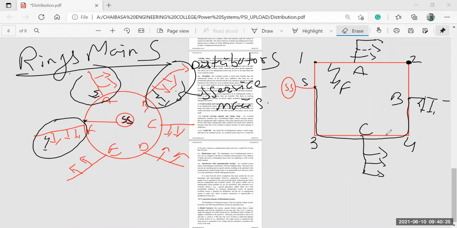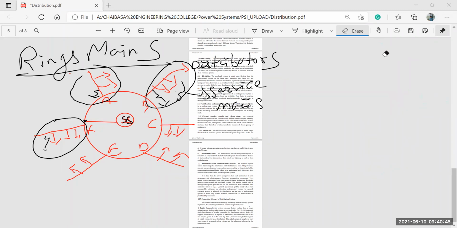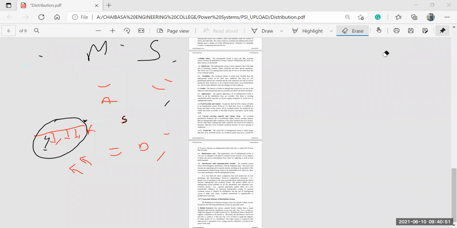If a fault occurs at this particular point, the power would be supplied from this particular end. That's why it is constructed in this manner, so that the reliability of power is not hampered. It will definitely be there in the entire scenario, in whatever scenario it occurs, unless there is a major breakdown or anything.